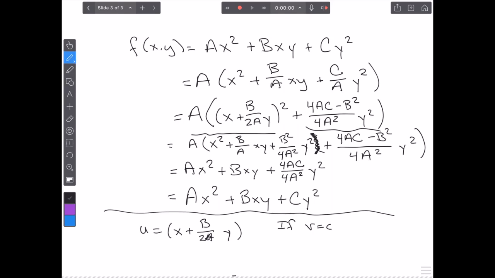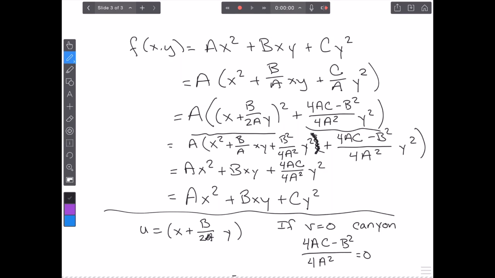If v is equal to 0, we're going to have a canyon, because there will only be a u squared term, and that's equivalent to 4ac minus b squared over 4a squared being equal to 0.